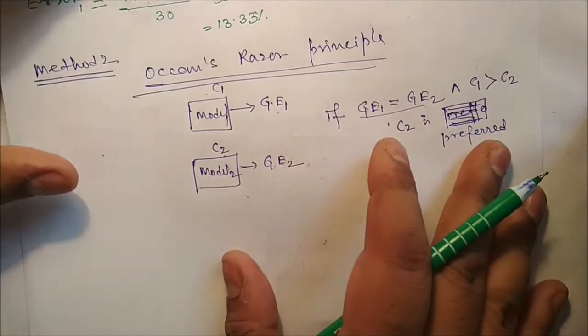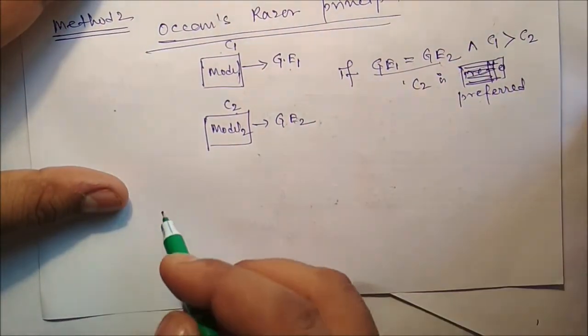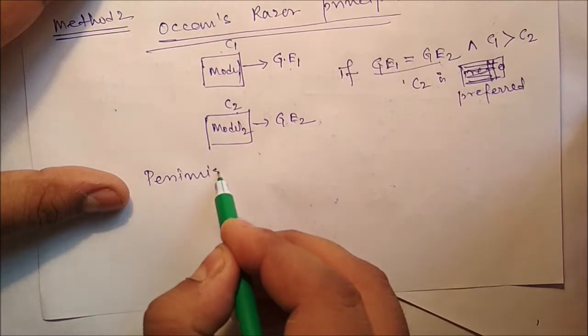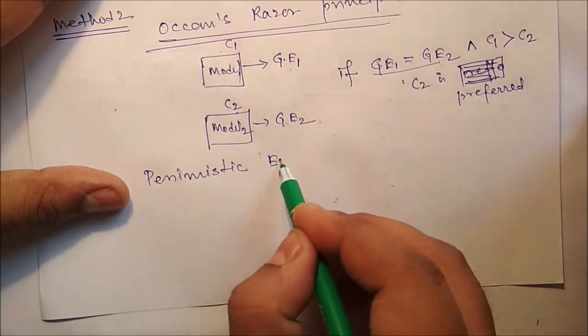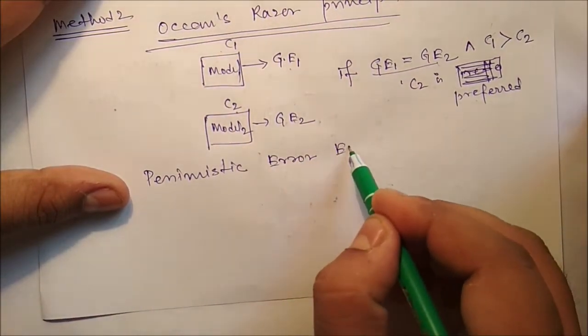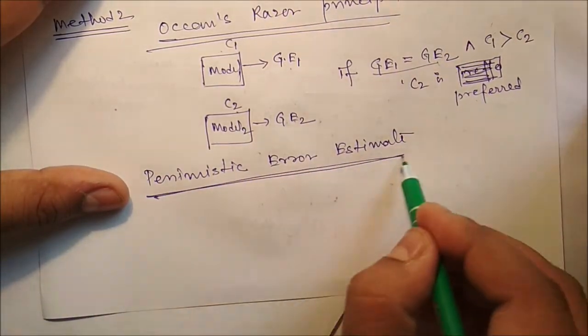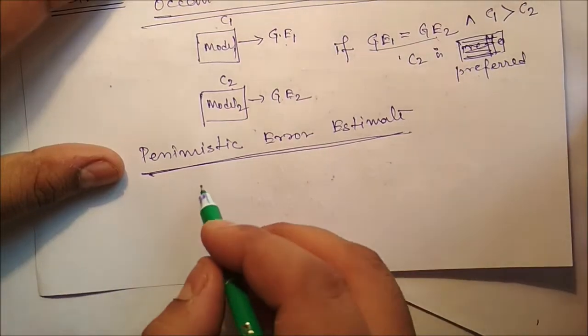Now another concept is called pessimistic error estimate. The formula is very simple.